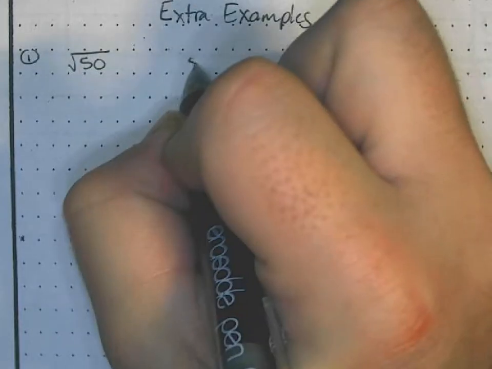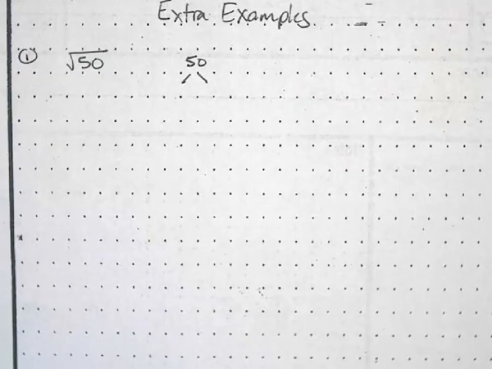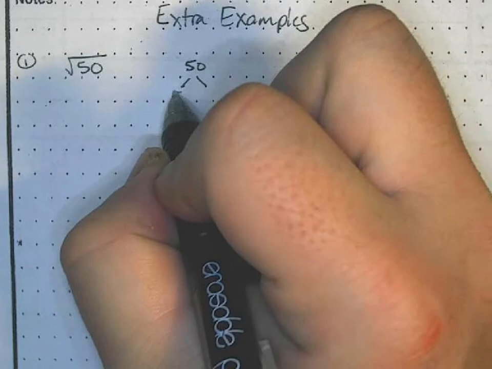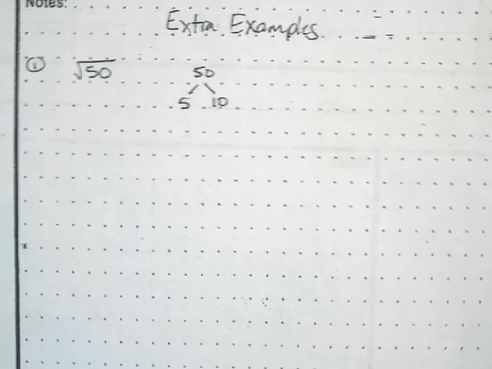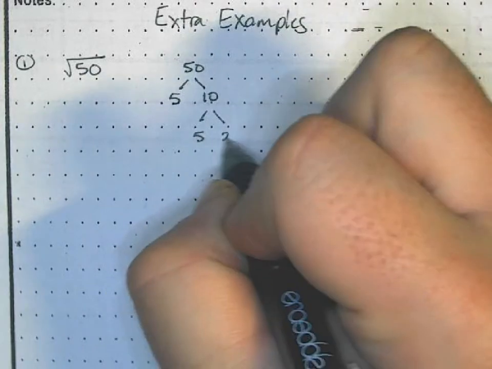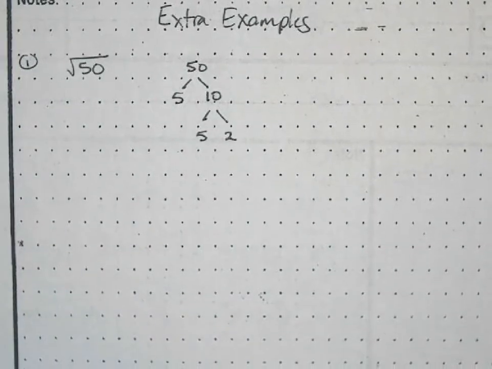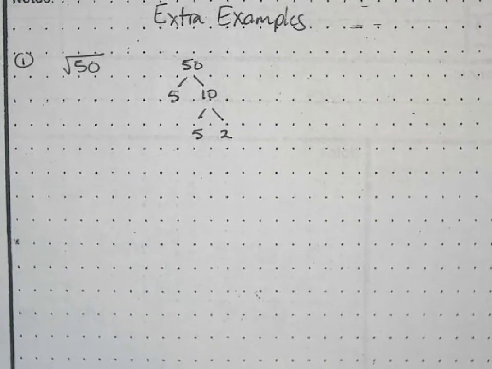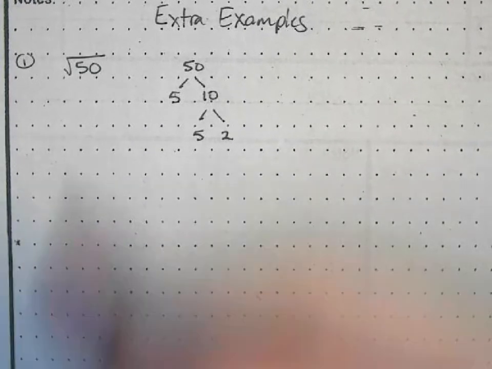So I have 50, and 50 can divide by 5. So we could say 5 and 10. 5 times 10 is 50. And then 10 breaks down into 5 times 2. Now none of these can break down, so I'm ready to start popping numbers out and putting numbers back in.